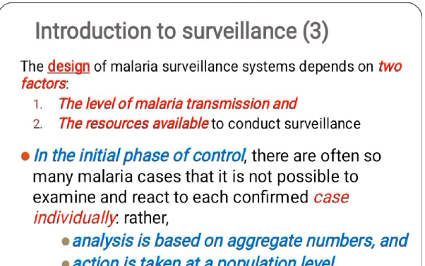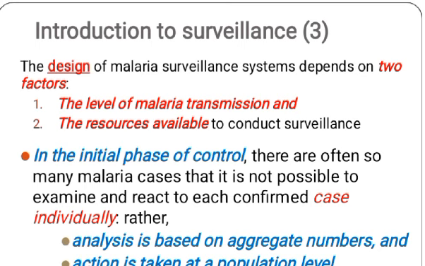Introduction to surveillance. The design of a malaria surveillance system depends on 2 factors: first, the level of malaria transmission, and second, the resources available to conduct surveillance. In the initial phase of control, there are often so many malaria cases that it is not possible to examine and react to each confirmed case individually.